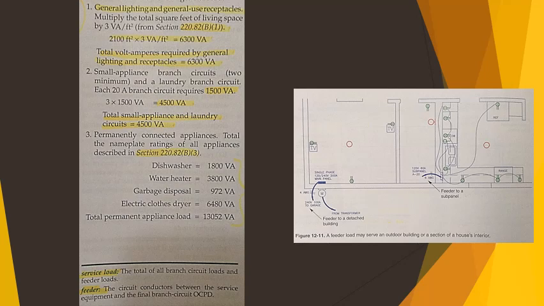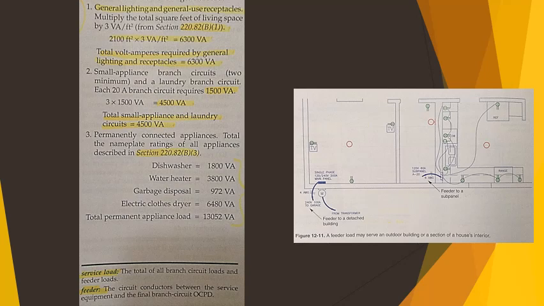1. As you can see in the steps on your screen, the general lighting and the general use receptacles. Multiply the total square feet of living space by 3 VA per square foot. This is from section 220.82(B)(1) of the NEC.